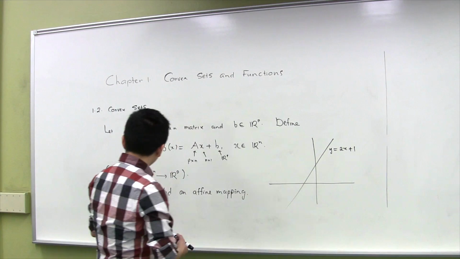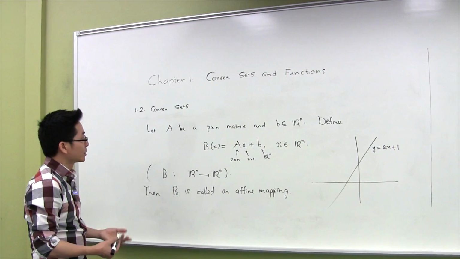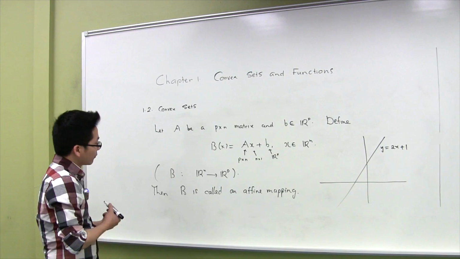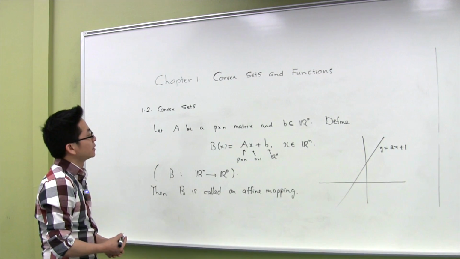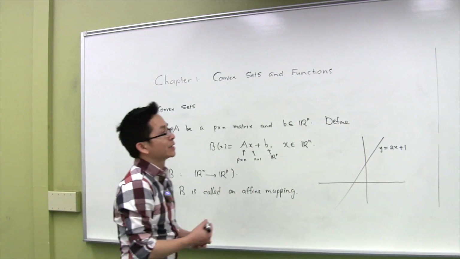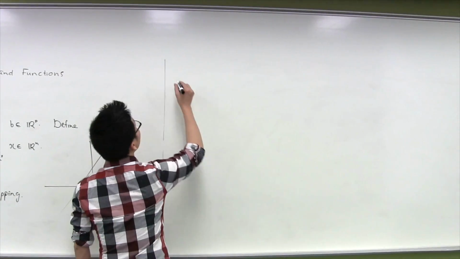Now under this definition, we can show that convexity of a set is preserved under this affine mapping. So what does it mean by that? This is the formal result.